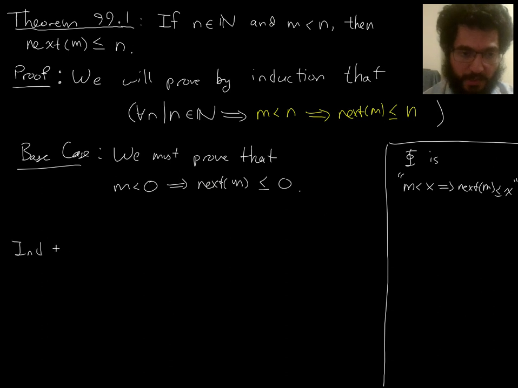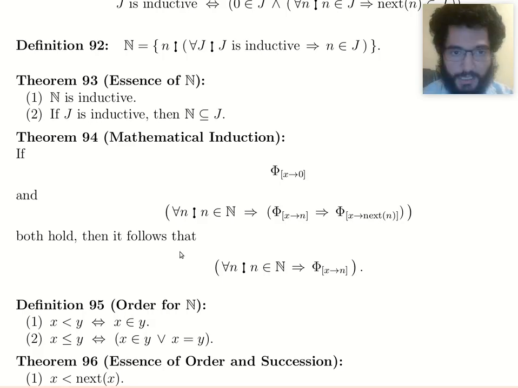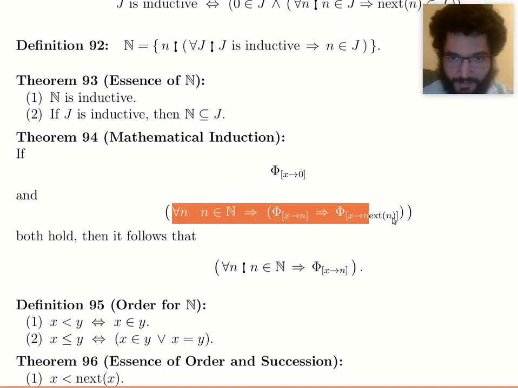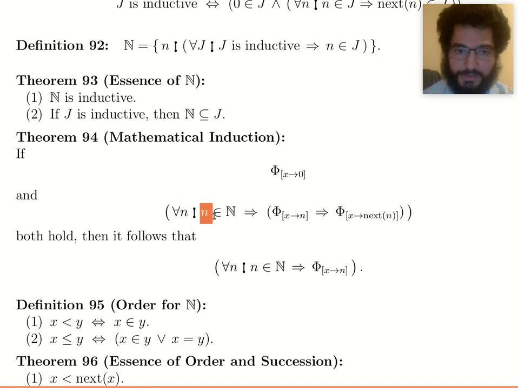And then the induction step, let me just write this for short. No doubt. What we have to prove in the induction step is that, well, we basically have to prove this, right? So we say, suppose n is a natural number, then assume the induction hypothesis, and then attempt to prove this.